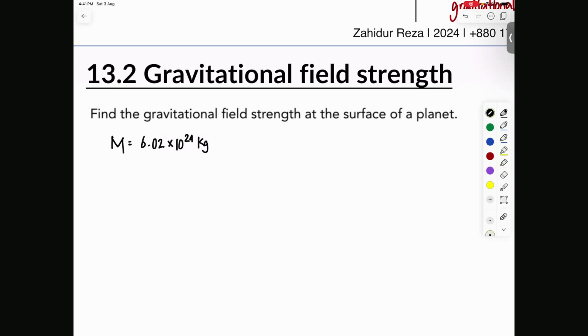This planet has a radius of 6380 kilometers, and your universal gravitational constant is 6.67 into 10 to the power minus 11 Newton meter square per kg square.